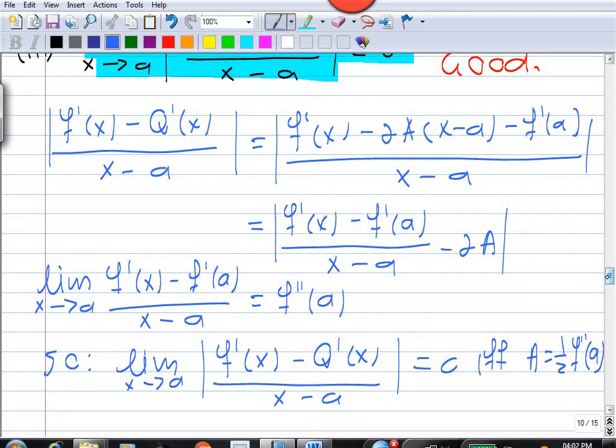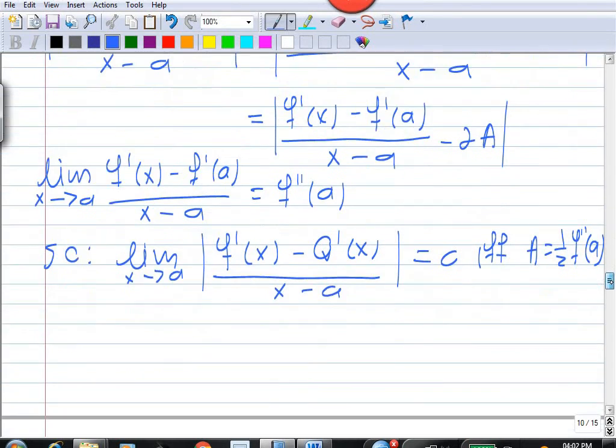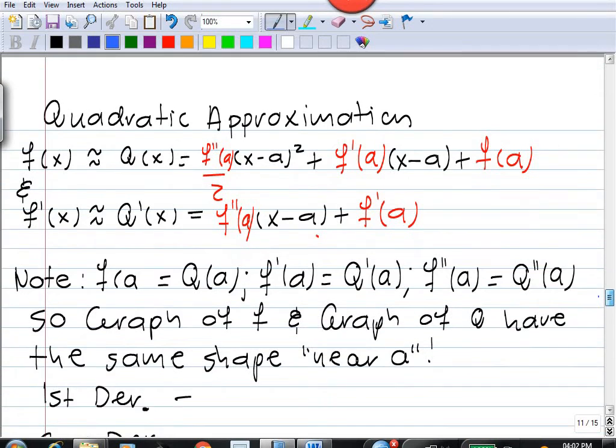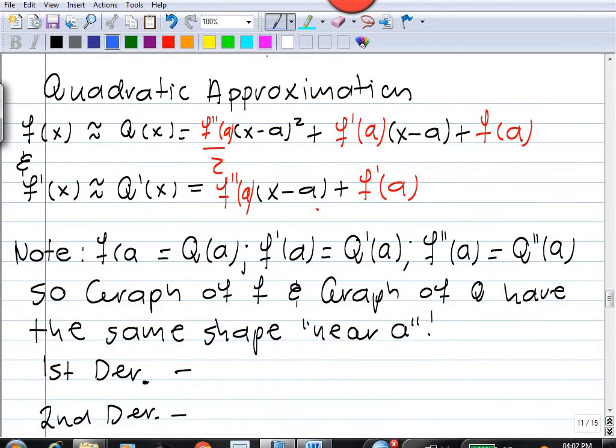And that completely determines q. We now know exactly what q is. We've got the constant term there, and the coefficients.